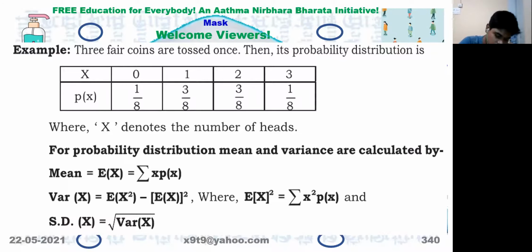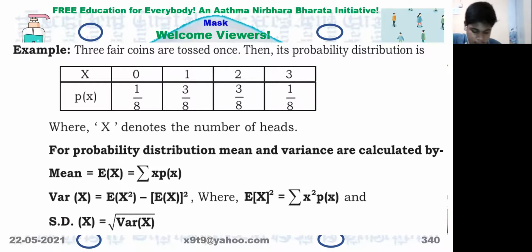So find the sum, total of all that, and at the bottom you write sigma x square into px. So sigma x square into px is equal to 3. Correct. Very good.